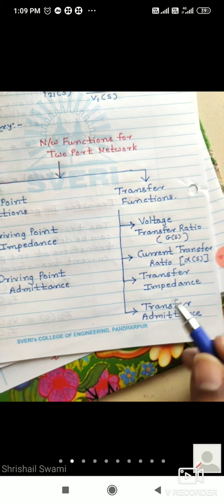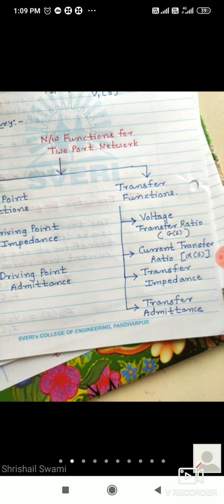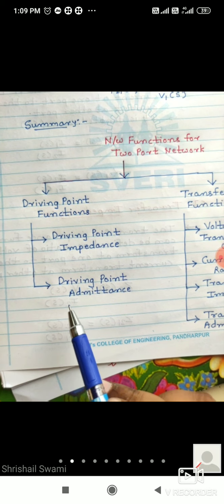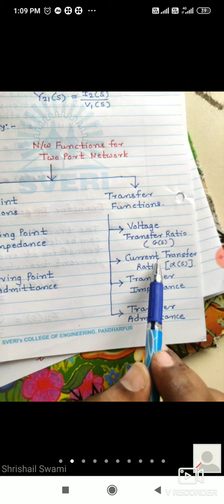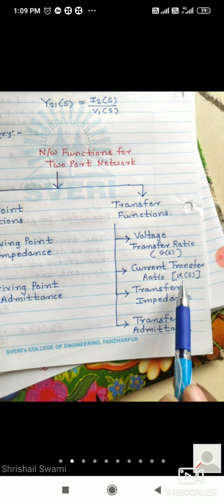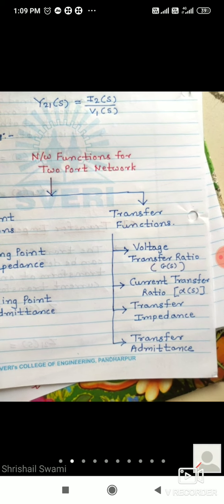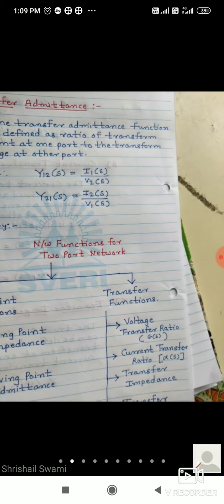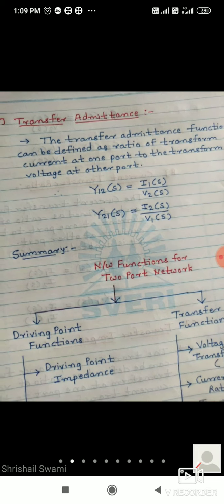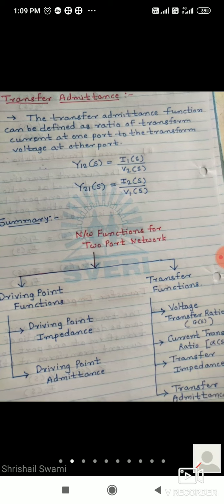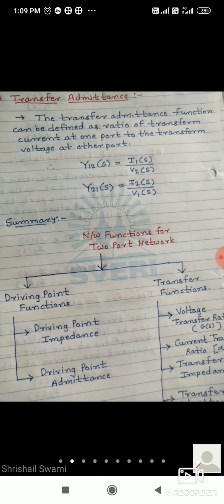Impedance means Z, admittance means Y. Here also Z and here Y. This is easy. Only these two will be new, that is G of S, voltage transfer ratio, alpha of S, the current transfer ratio. So any doubt in this bit? All these are the definitions related to the network functions for a two-port network.